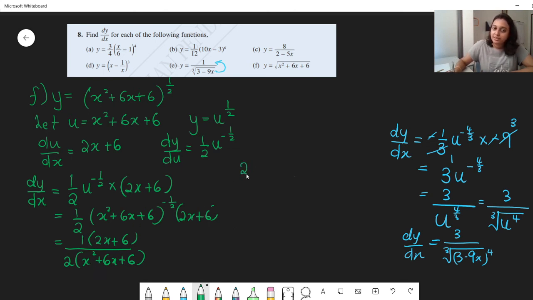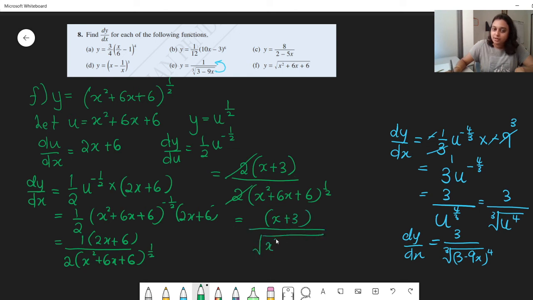For the up one, you factorize the 2 out, so you get x plus 3, correct? For the down one, you write 2 times x squared plus 6x plus 6. So both the 2 cancel off already. By the way, this is power of 1 over 2, so don't forget the power of 1 over 2. Then for the final answer, you write x plus 3 over square root.